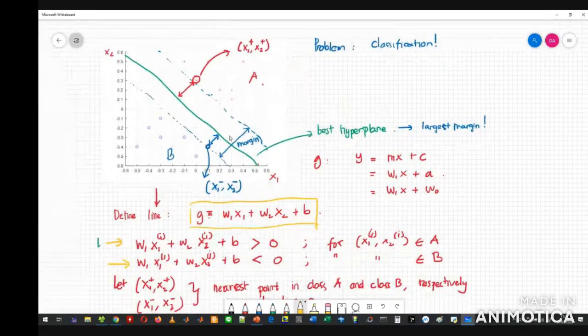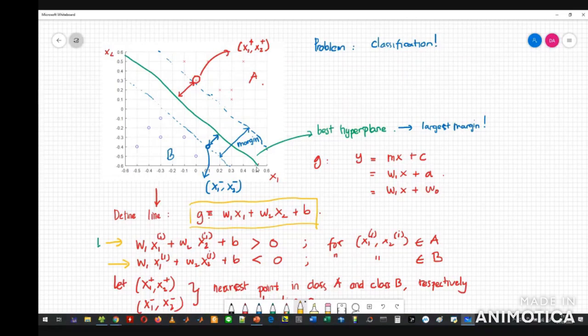We actually aim to get the best hyperplane. In this case, it is the baseline to classify whether it is class A or class B. The hyperplane itself is a line, which is defined as this G. Our aim is to find G such that the margin is the largest, the best one.